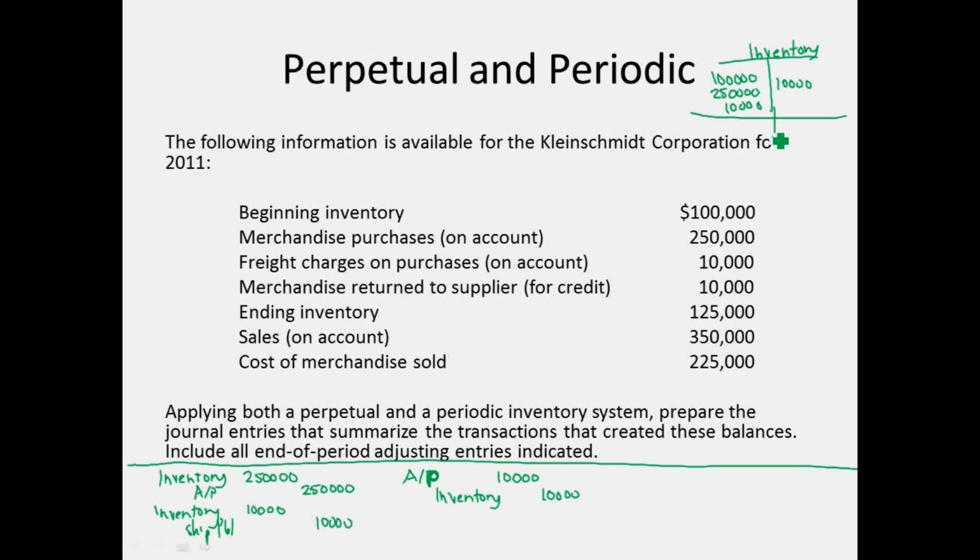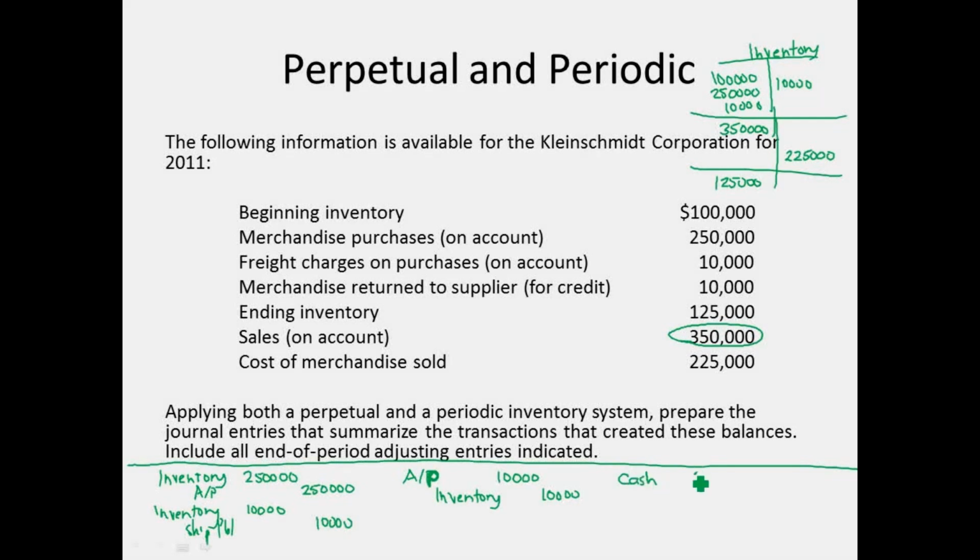How is that possible? I sold 225. As of here, I would have 350, but I'm selling 225, and I'm ending up with 125.